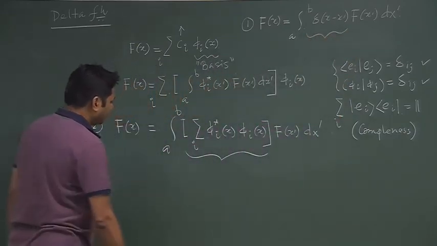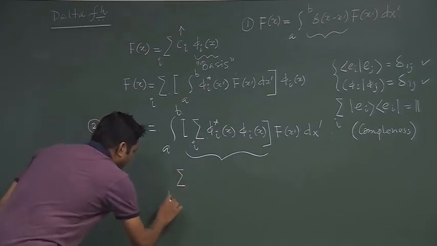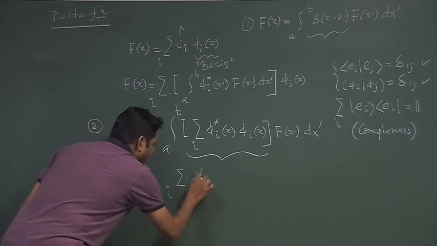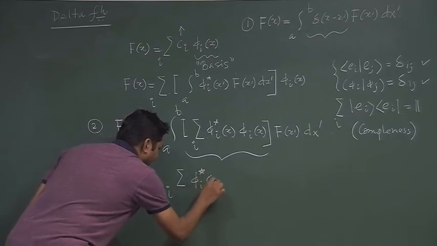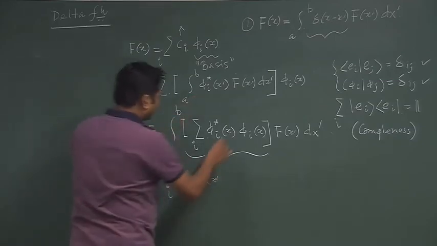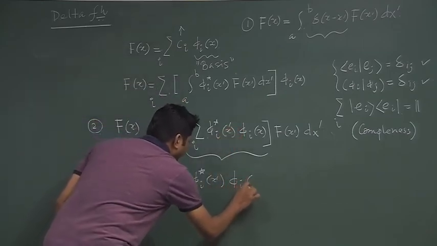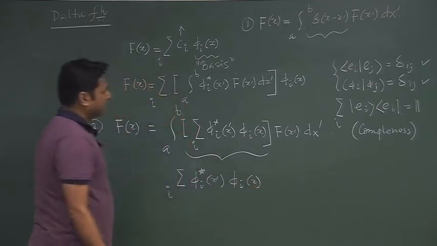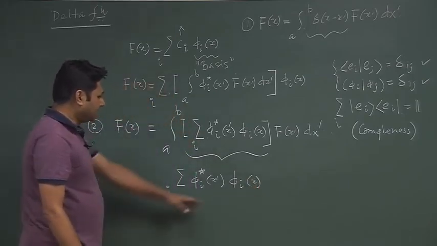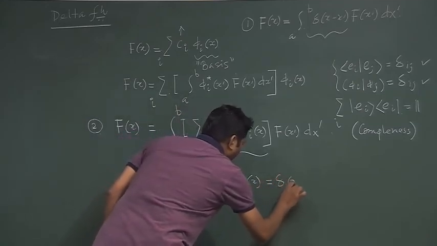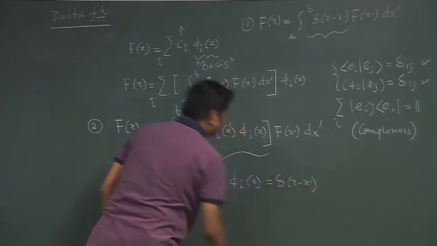If I write these things here, so basis functions, if they are complete, okay, now I put a prime here, I missed that. This quantity is equal to delta of x minus x prime.